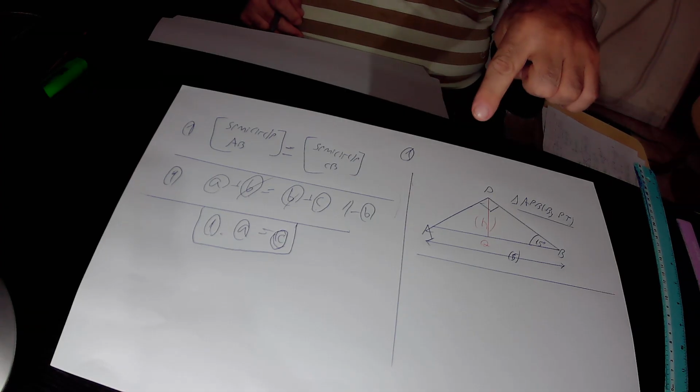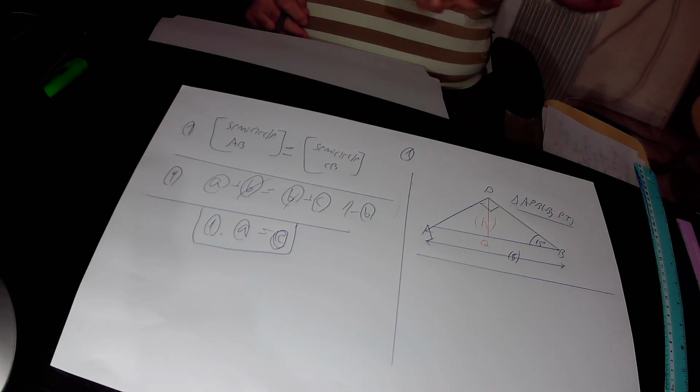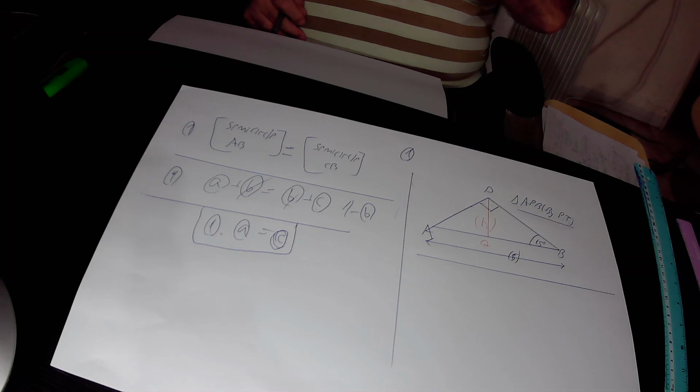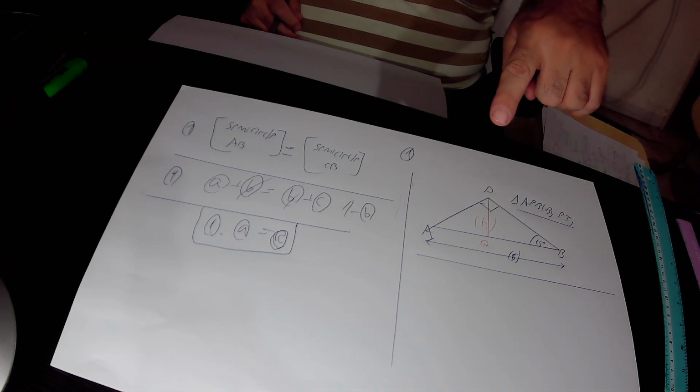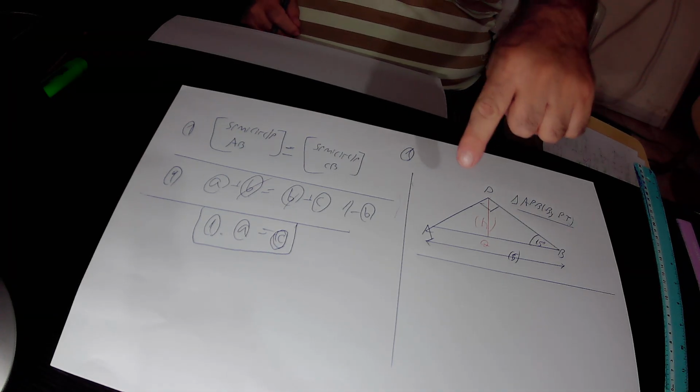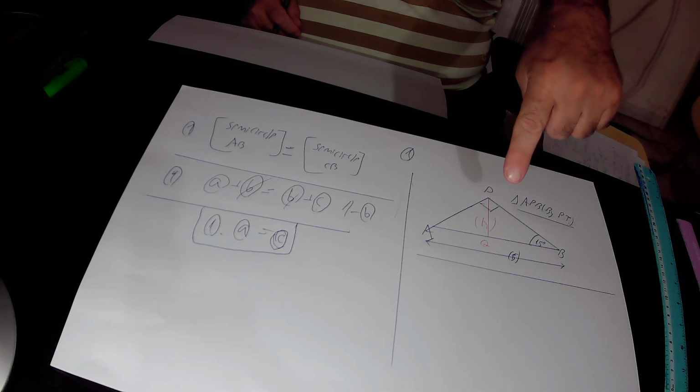We find the area of this right triangle APB in the following way. The area of this right triangle APB must be equal to the base AB times the height to the base, that is H, over 2.